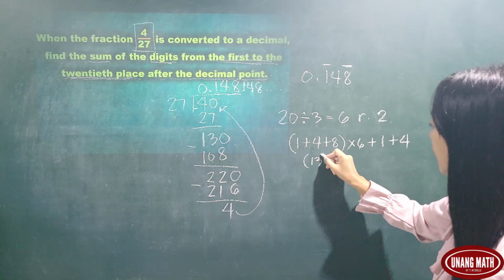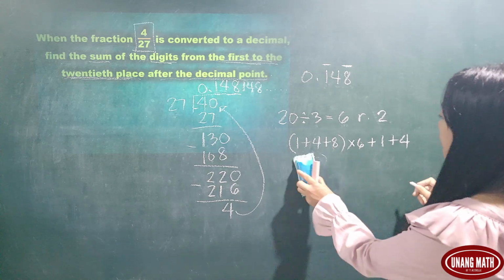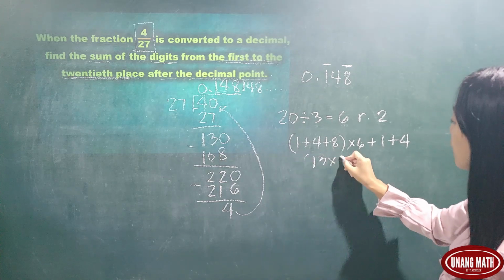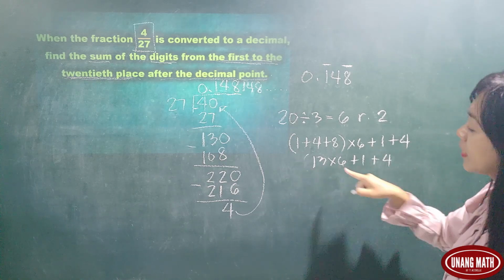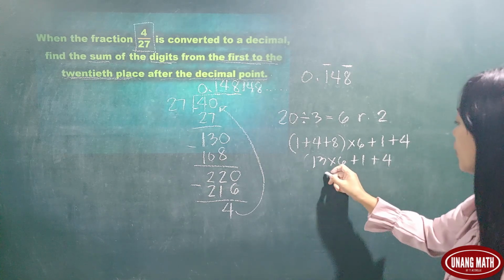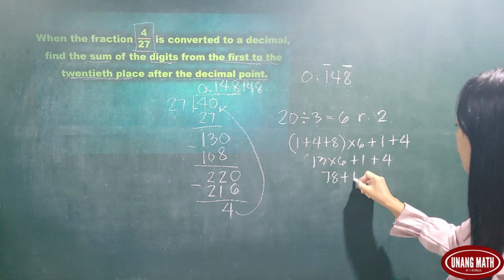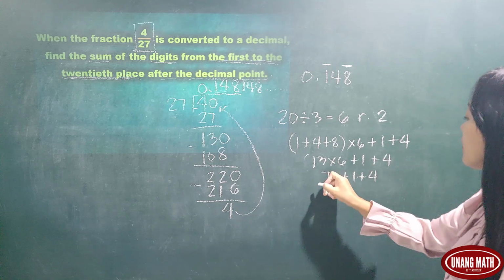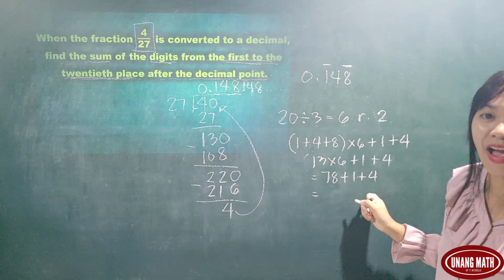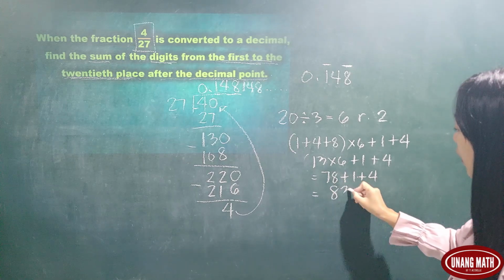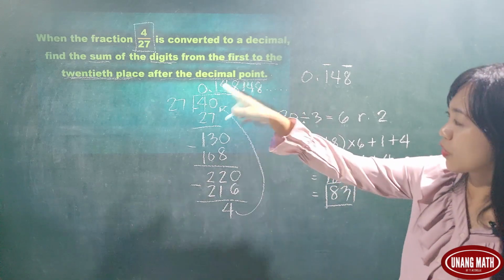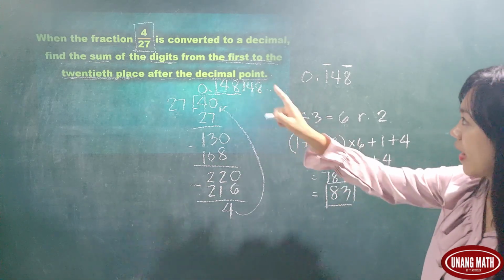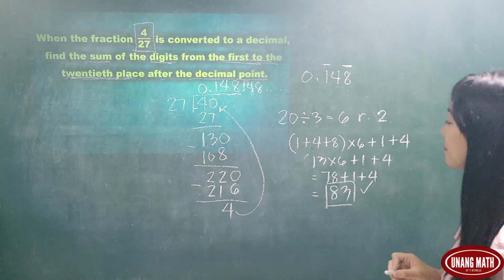So it's going to be 13 times 6 plus 1 plus 4. 13 times 6 is equal to 78. So 78 plus 1 plus 4, 78 plus 5, is equal to 83. So the sum of the digits from the first to the 20th place after the decimal point is 83.